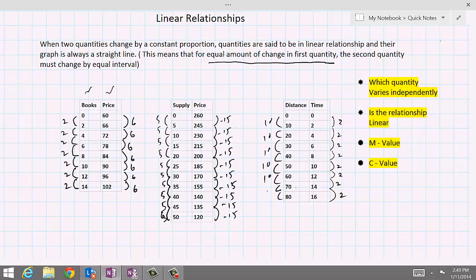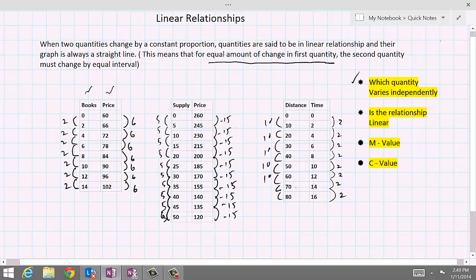Now we want to answer another question which I have highlighted on the right here: which quantity varies independently and which quantity is dependent on the variation of the other quantity. Here again we are going to consider all 3 data sets, and we can see that the cost of printing books depends on the number of books.